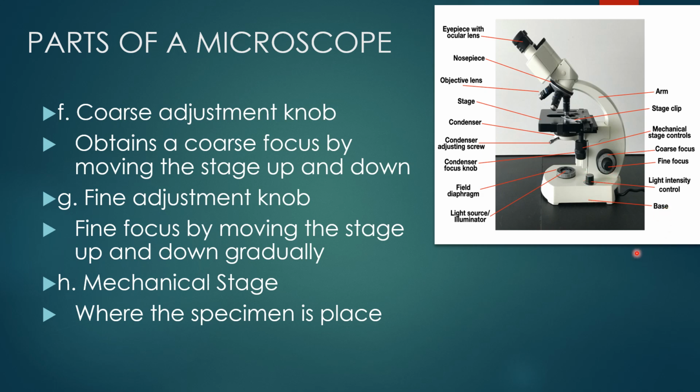That is why when you are asked about the knob, you answer it with a knob also. Okay, your condenser, and then the rest of the parts of the microscope.